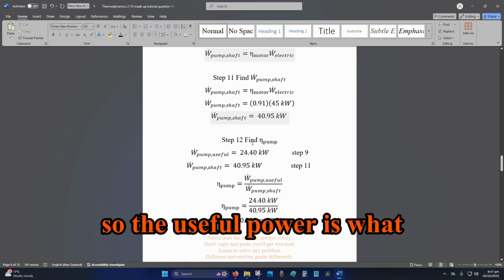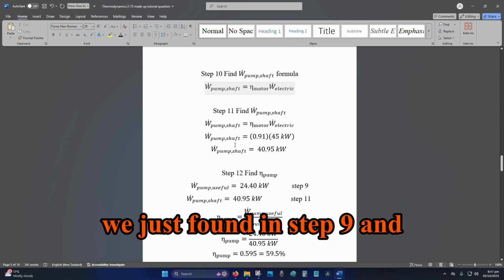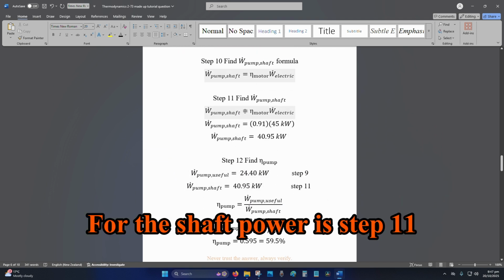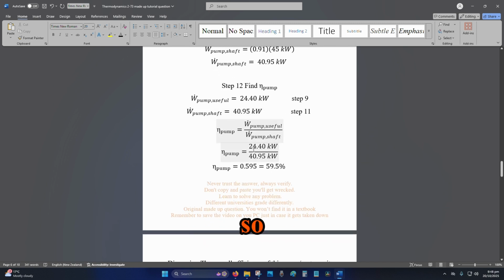Step 12, we can now find the efficiency. So the useful power is what we just found in step 9. And for the shaft power is step 11. Okay, so 24.4 kilowatts divided by 40.95 kilowatts.